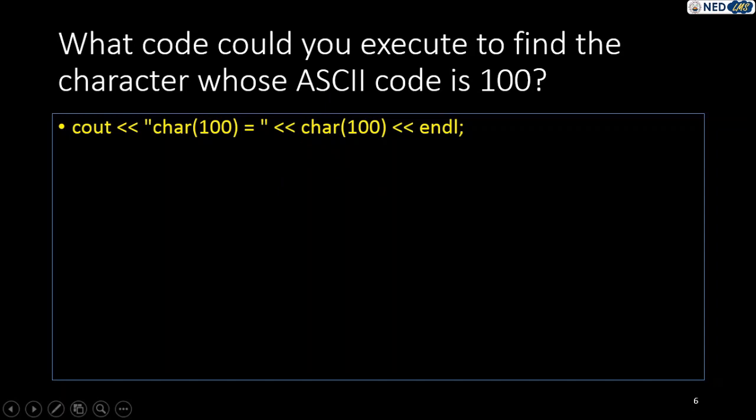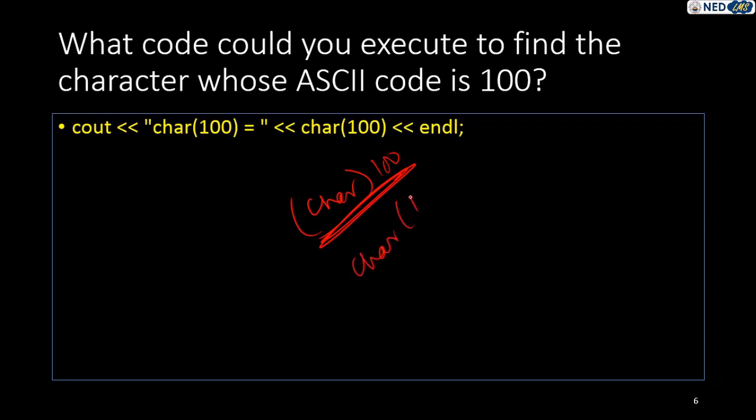Had I written, let me come over here, char in brackets and then 100, this is actually typecasting. 100 is typecasted to character. If I write Character and then 100, that means I have called a constructor of the Character object. I'm going to explain that after the midterm. I'm making a character object and initializing it with the value of 100.